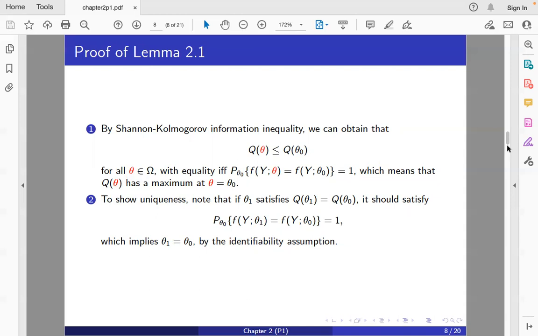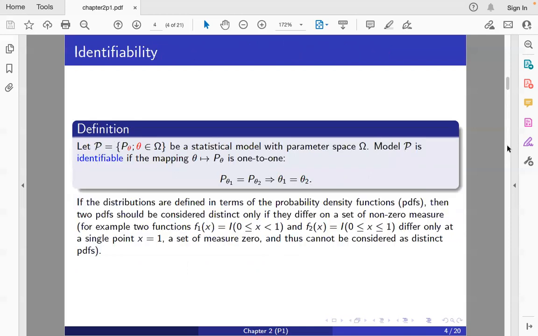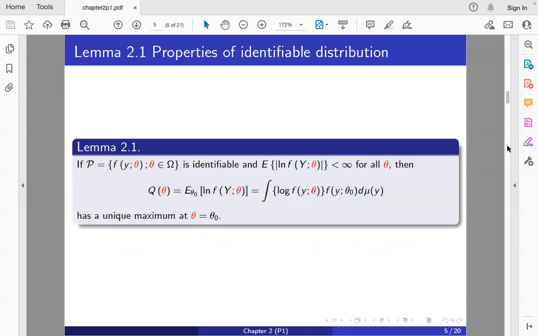Because of the definition of Q, this guy is the expected value at theta 0 of log F_y theta 0. And this guy is the expected value at theta 0 of log F_y theta 1.